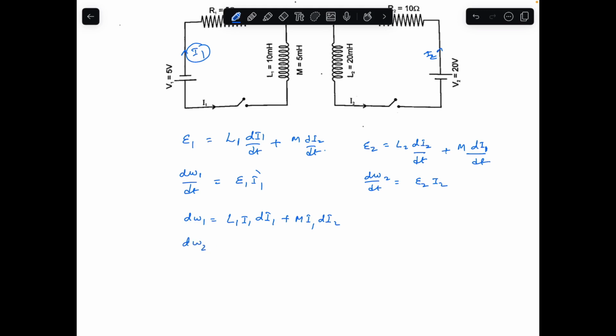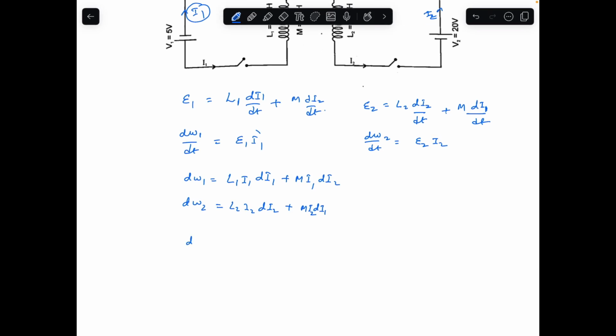What is dW2? dW2 will be E2, that is L2 I2 dI2 plus M I2 dI1. So if you add dW1 plus dW2 and integrate, you'll get half L1 I1 squared.